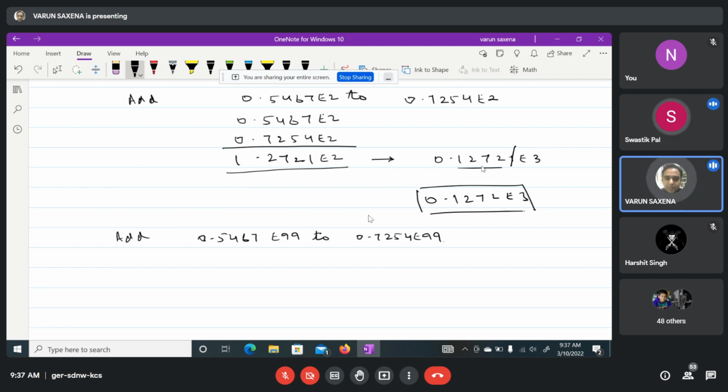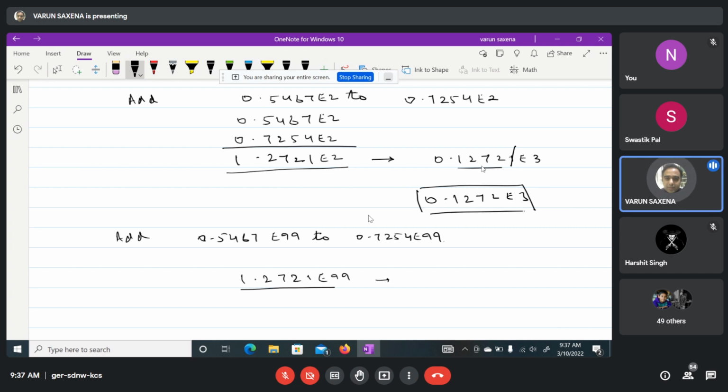So when you do the addition, you can't store E100. I think there will be an overflow. Yes. So if you add these two numbers, you will get 1.2721 E99. But the computer is not going to store this number like this.